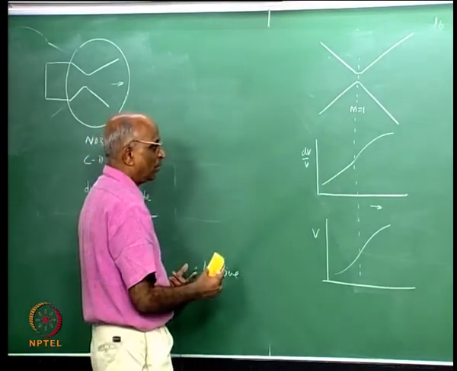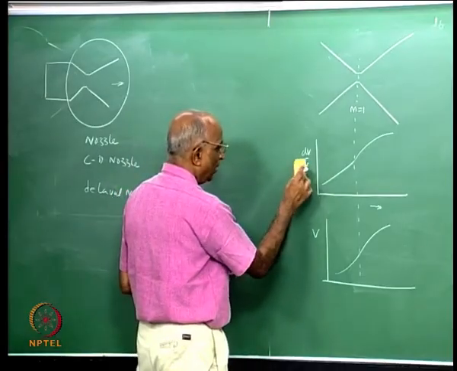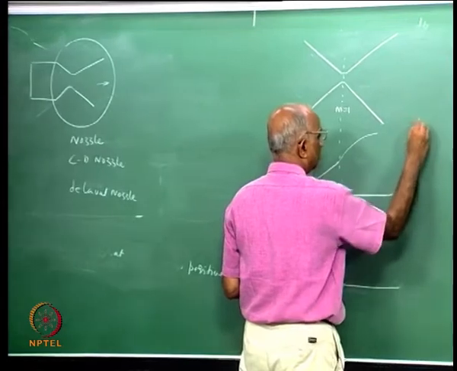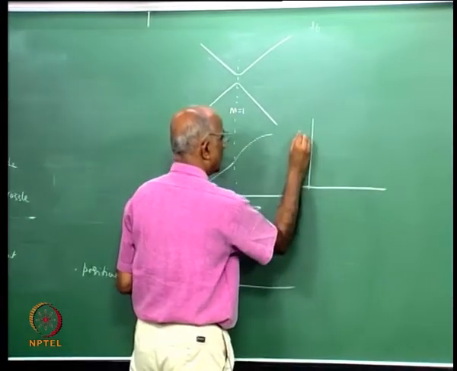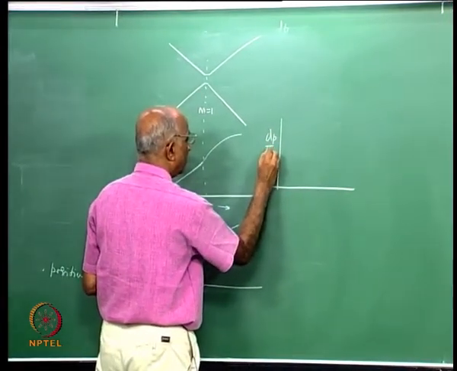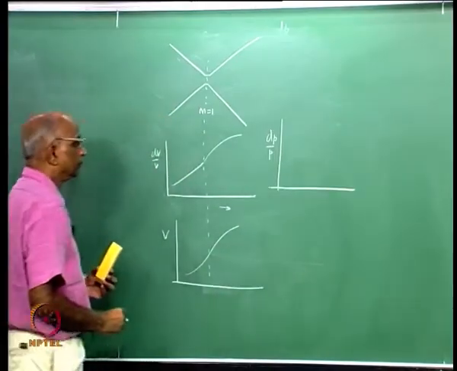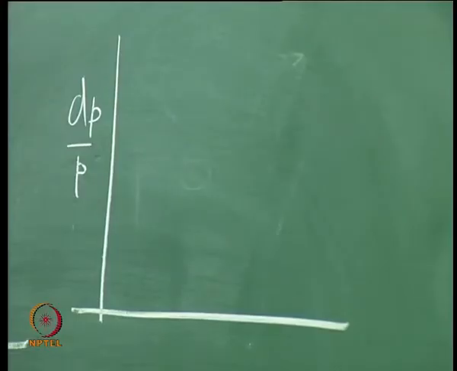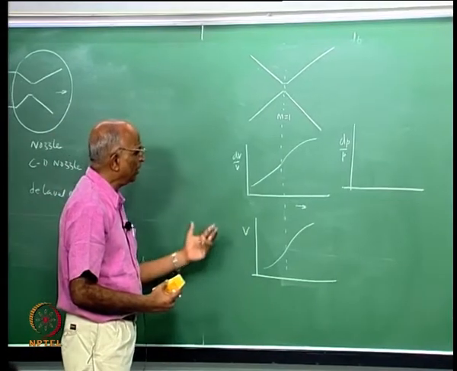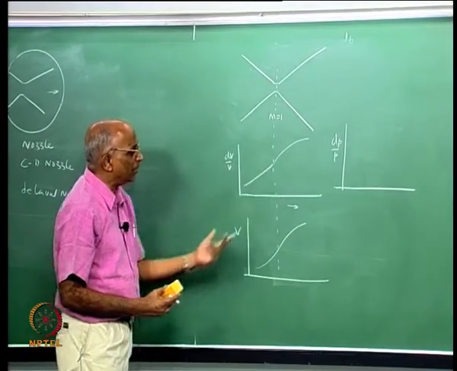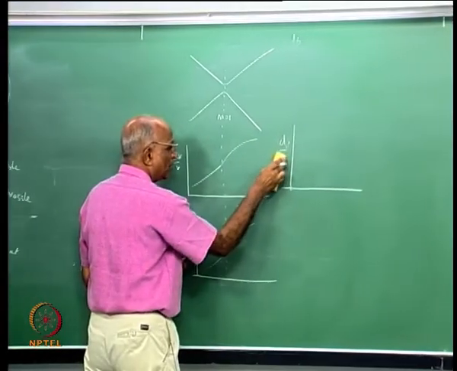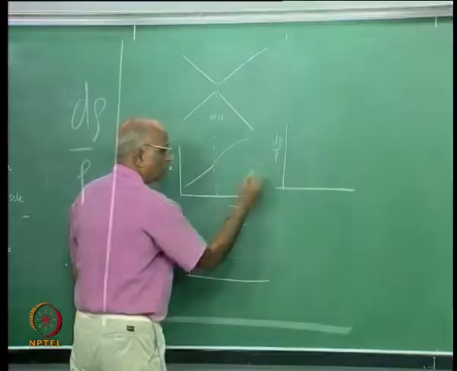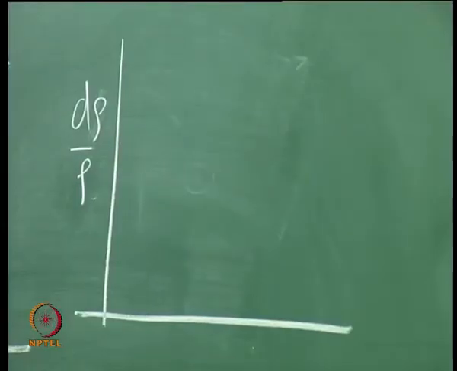Let us plot a few more parameters. Now instead of dV by V, let us plot the variation of pressure, dP by P. How should it look? I know the velocity, and I want to find out the pressure variations. Let us first find the variation of d rho by rho, because we already derived an expression.